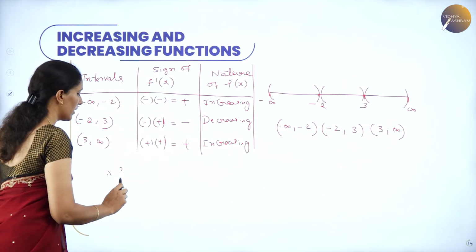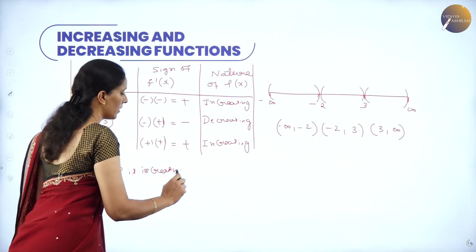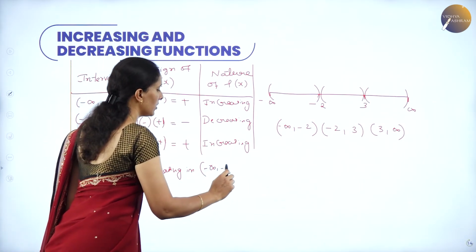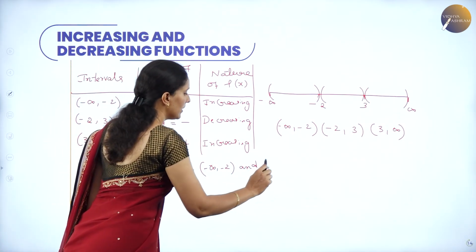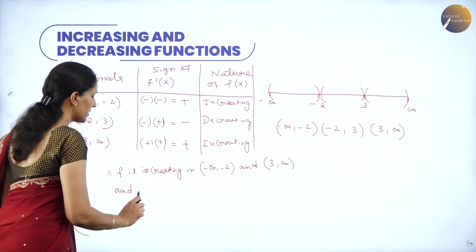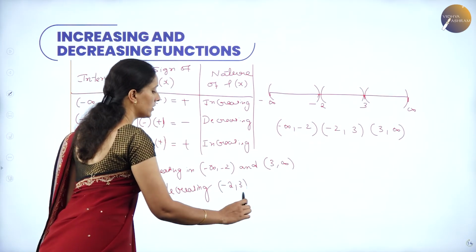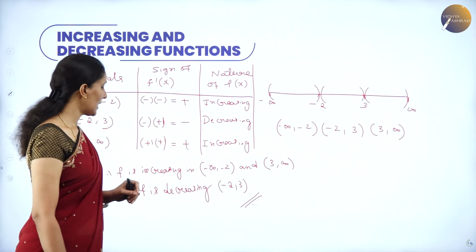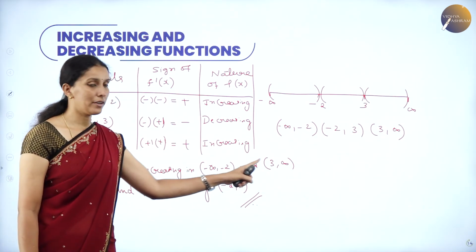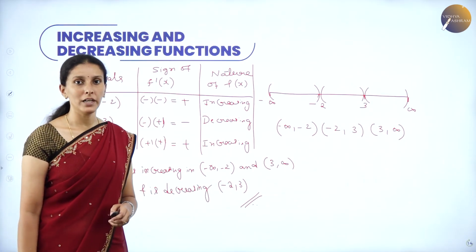So therefore f is increasing in the intervals minus infinity comma minus 2 and 3 comma infinity, and f is decreasing in the interval minus 2 comma 3. So thus we can clearly say f is increasing in the interval minus infinity comma minus 2 and 3 comma infinity, and it is decreasing in the interval minus 2 comma 3.